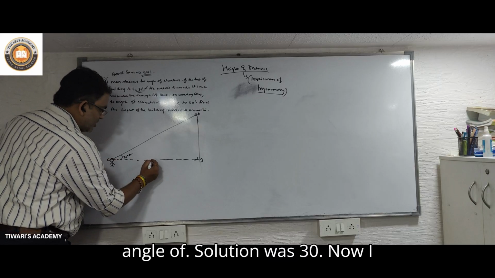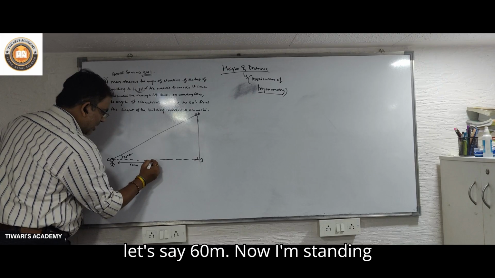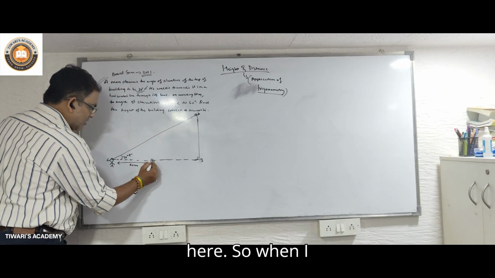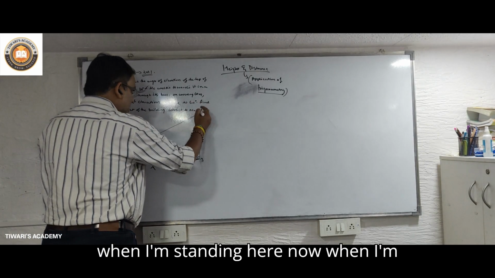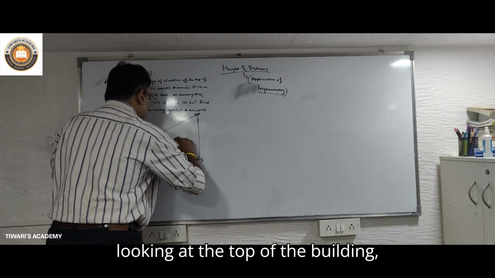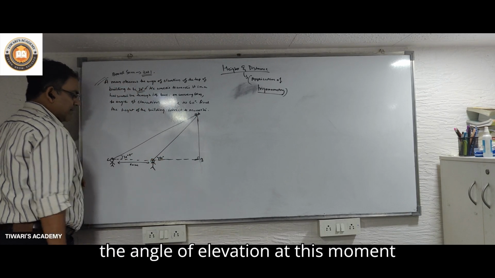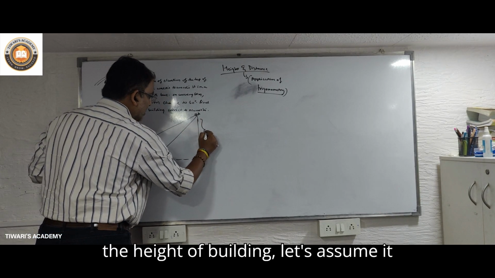Now I have moved a distance of, let's say, 60 meter. Now I am standing somewhere here. When I'm looking at the top of the building, the angle of elevation at this moment is 60 degrees. I don't know the height of the building.